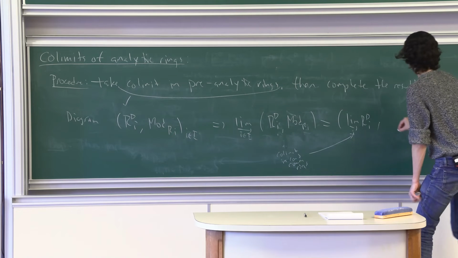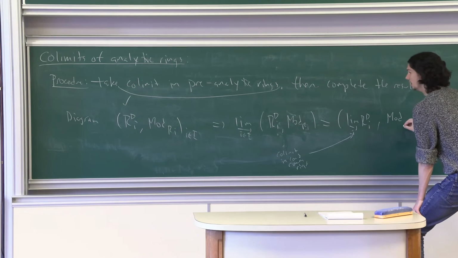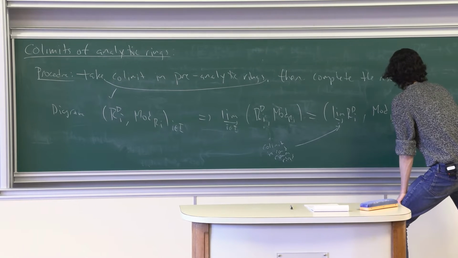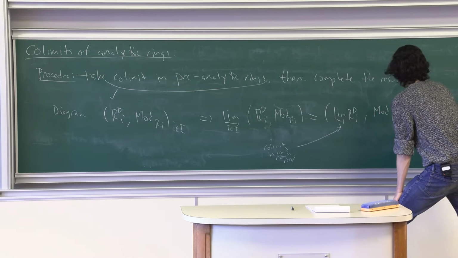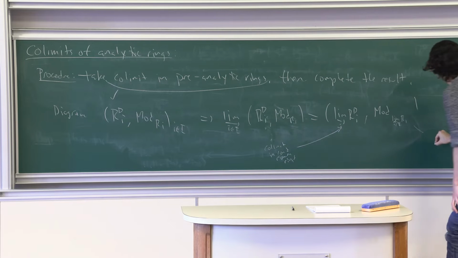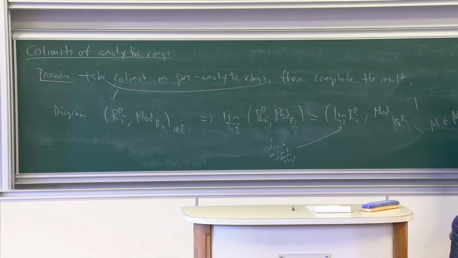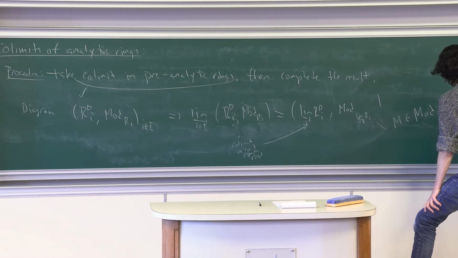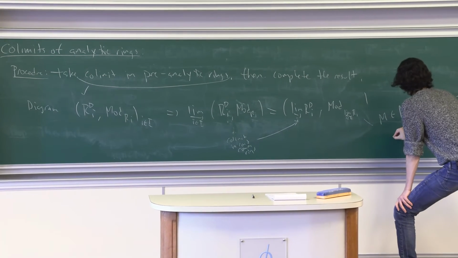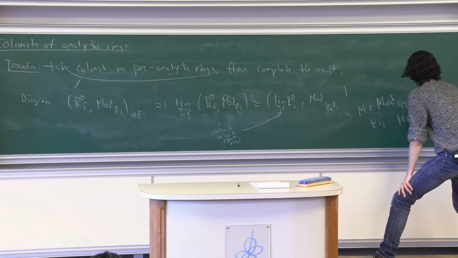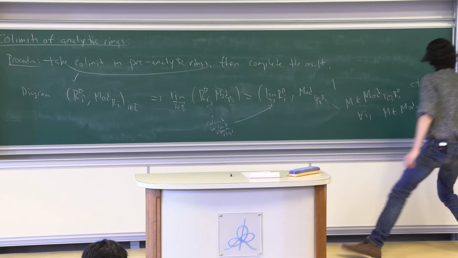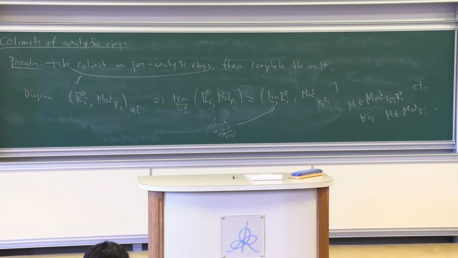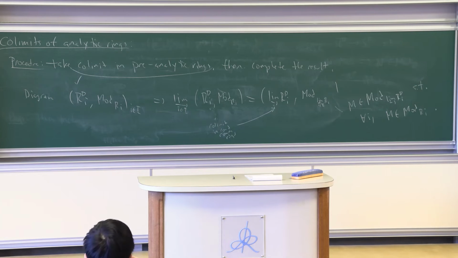And then you take a certain full subcategory, so-called mod of the colimit, consisting of those M in mod of the colimit of R_i triangle, such that for all i, when you restrict scalars to R_i triangle, M lies in mod R_i.